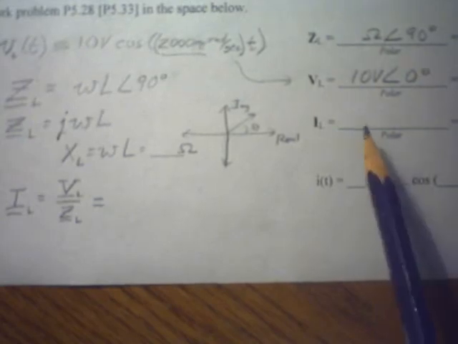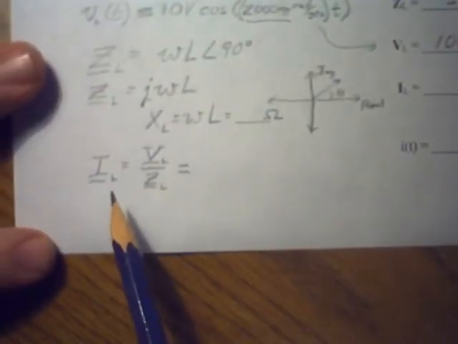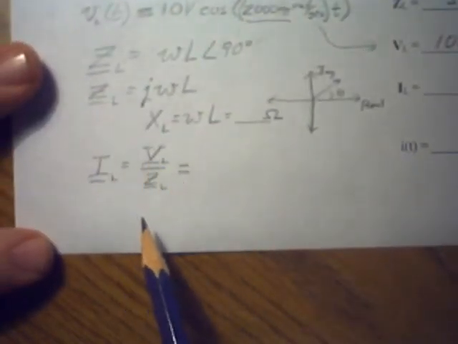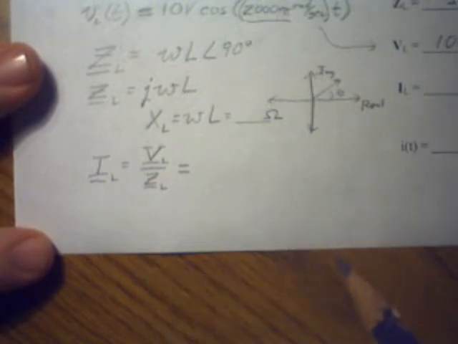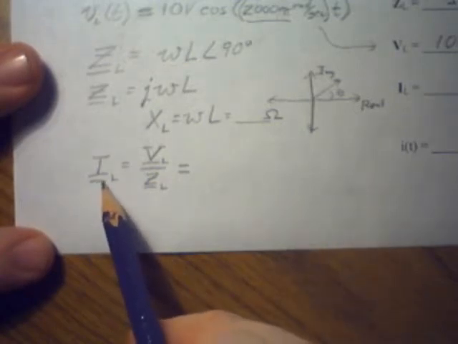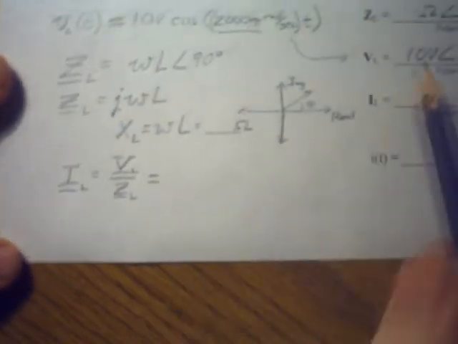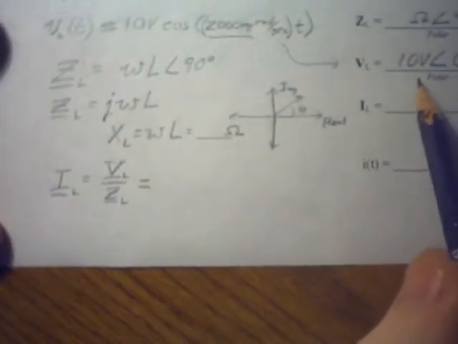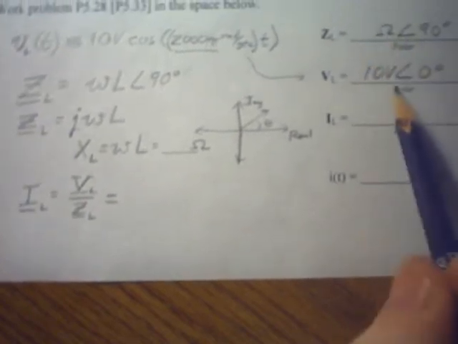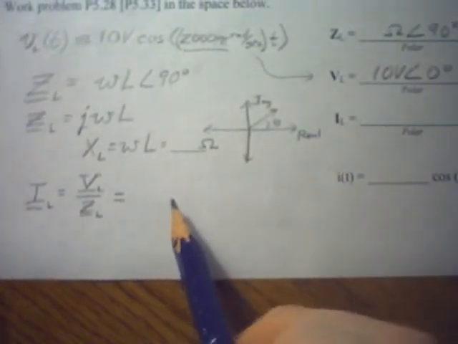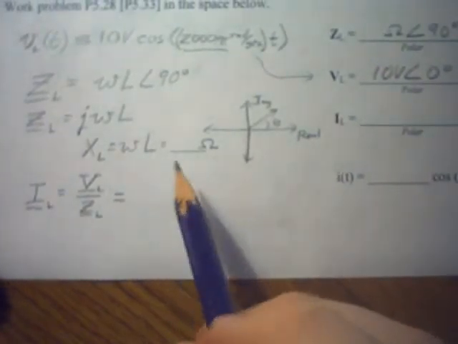To find the current, what you do is use our Ohm's law. V is equal to IZ. That's Ohm's law for AC circuits, and then solve for I. And so you get V sub L over that. So take the part of the problem that you have already solved and plug it in. We can do this in polar form first.